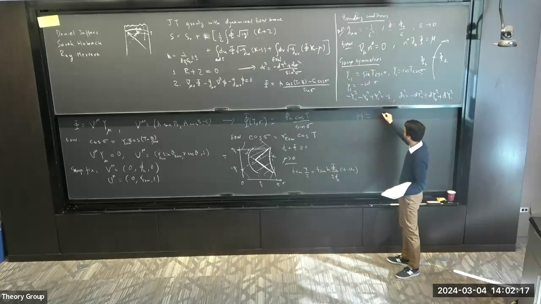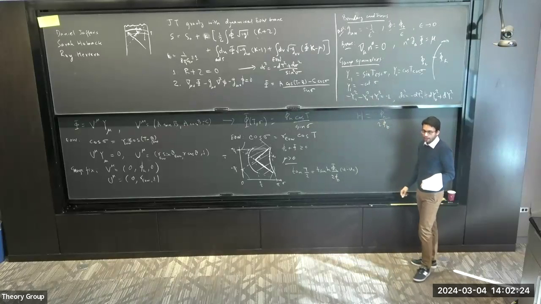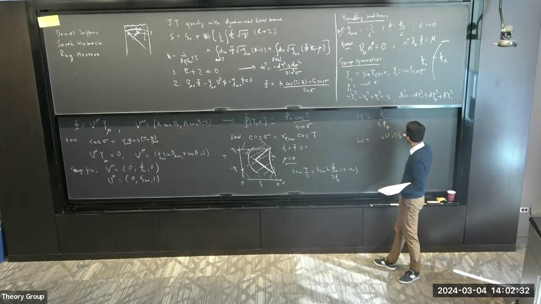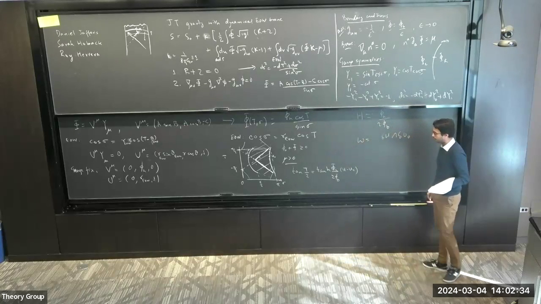And we can determine the Hamiltonian. The Hamiltonian will have a very simple form. It will just be phi x squared over 2 phi b. And so the symplectic form would simply be dH dU naught.